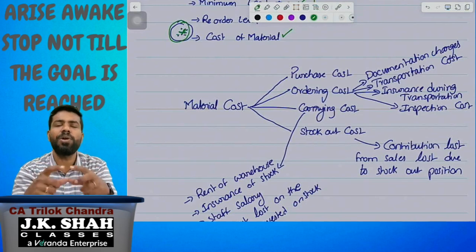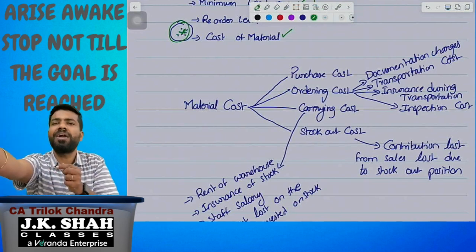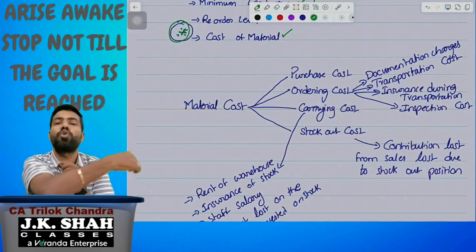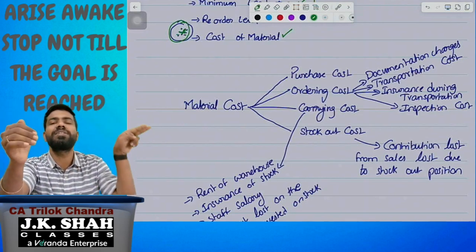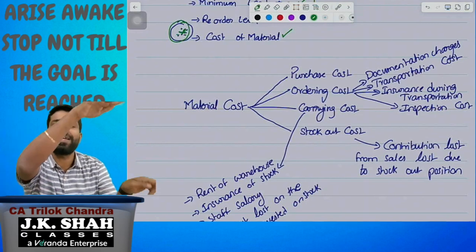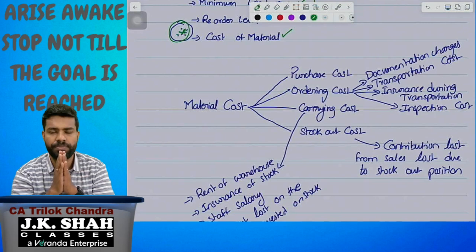So ordering cost is the cost incurred from the time of placing the order until receiving the goods at the storeroom. Throughout this cycle, whatever cost is incurred is entirely called the ordering cost.